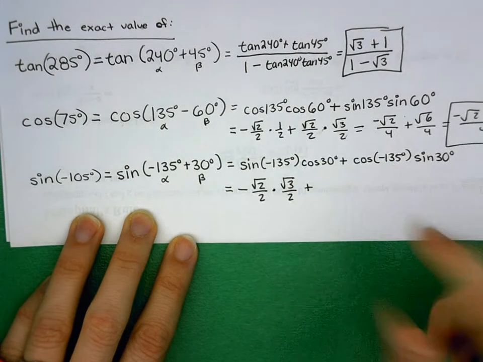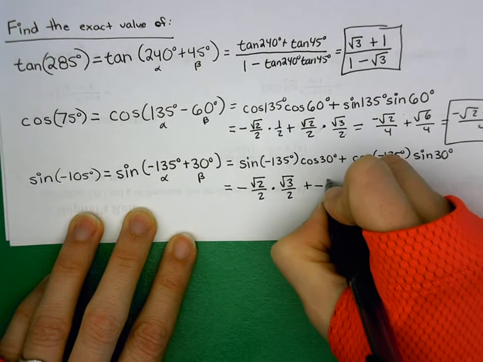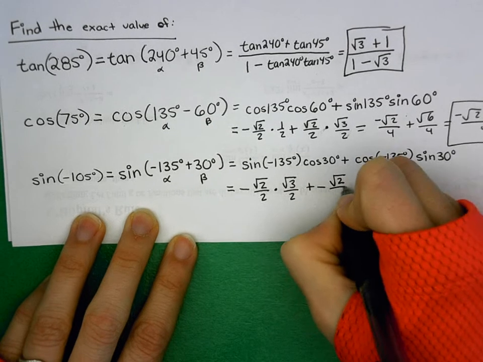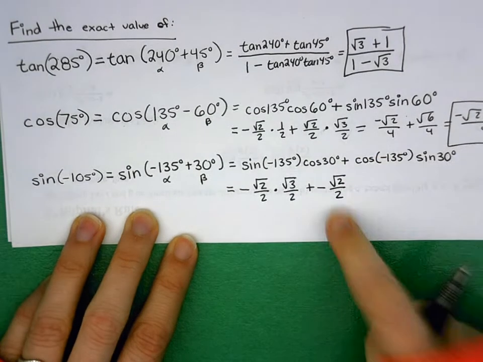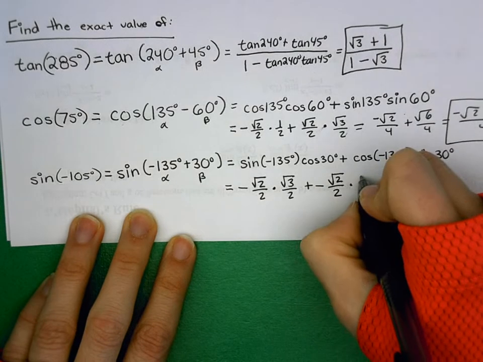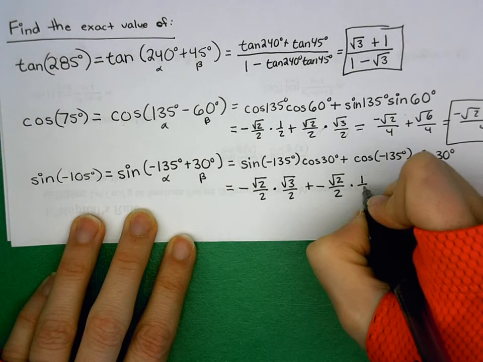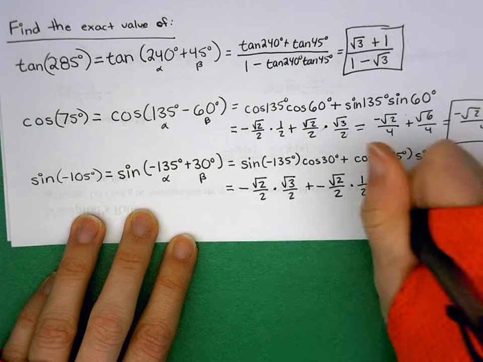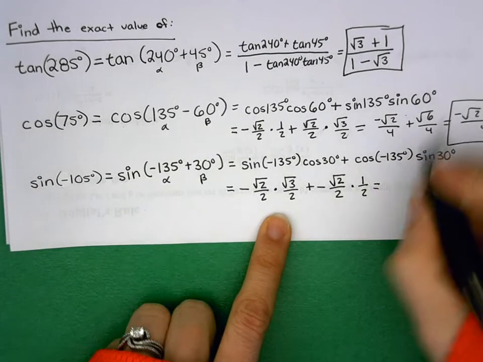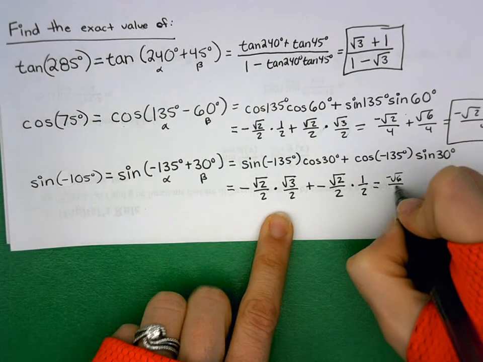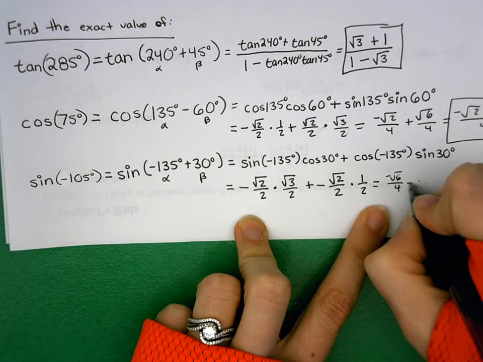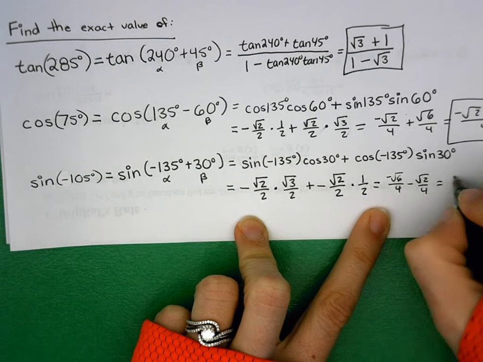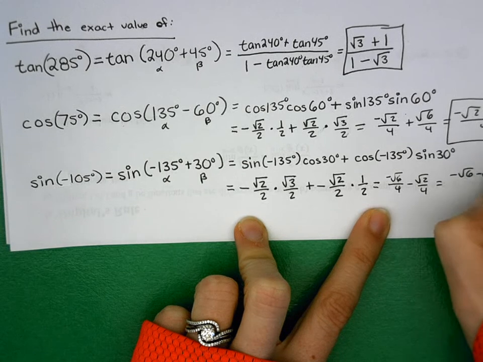Cosine of negative 135 degrees, again the 45-degree angle in the third quadrant. And sine of 30 is 1/2. And so then this simplifies to negative root 6 over 4 minus root 2 over 4, which is negative root 6 minus root 2 over 4.